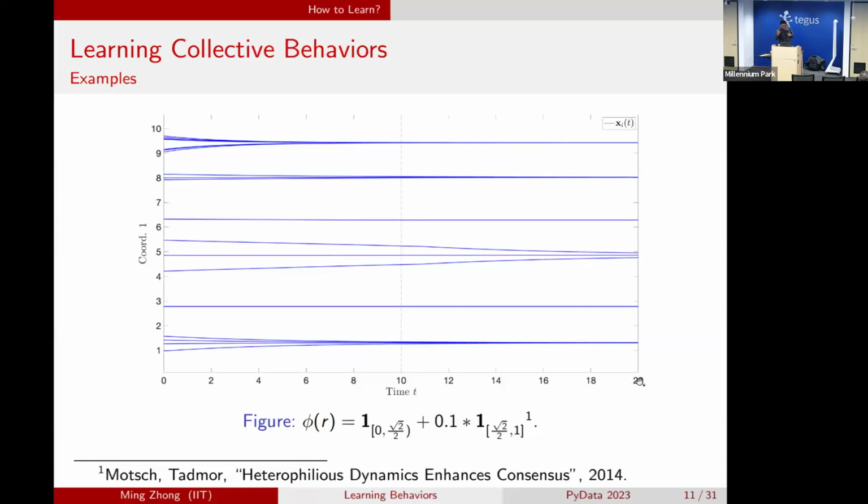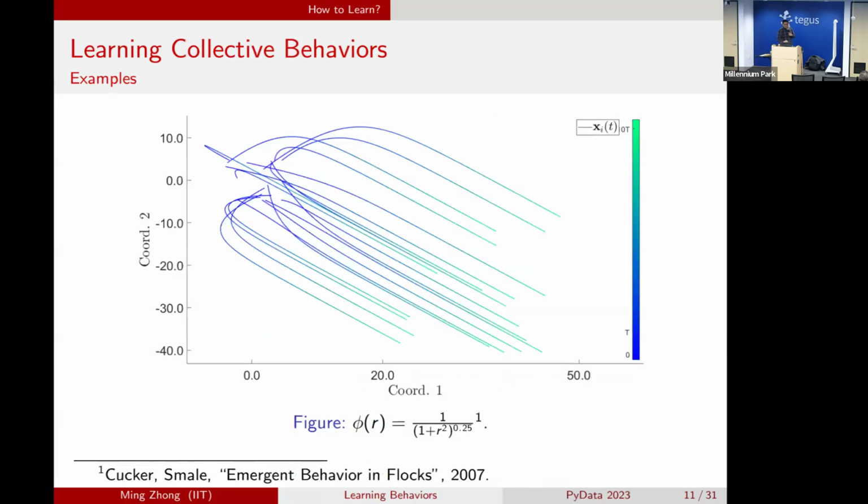And if it's large enough, then all these different opinions will just form one cluster, so you have consensus. Okay, and if I have phi be globally supported but decay really fast towards the end, then you actually have flocking. So at the end, they all fly in the same velocity, not just the same speed but also the same direction.